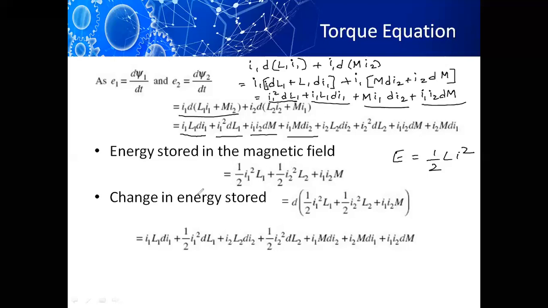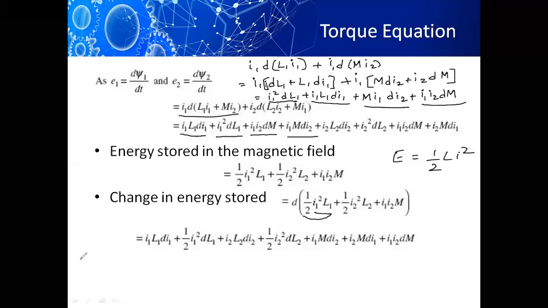Now the change in energy stored. I'm going to derive this whole. When I derive this whole, I'll be writing it this way. So derive each term here. I'll have half, and here again I have two terms. Let me derive only this term for your convenience. The rest you can do on your own.